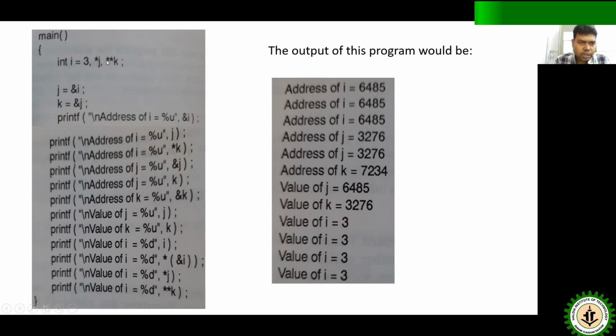That is why asterisk asterisk k. We write j equals address of I, and k equals address of j, in this way.